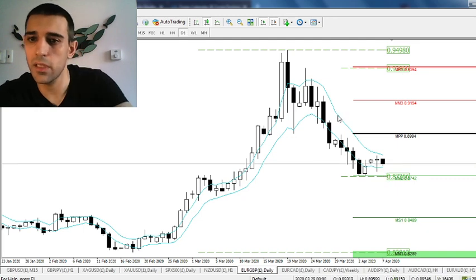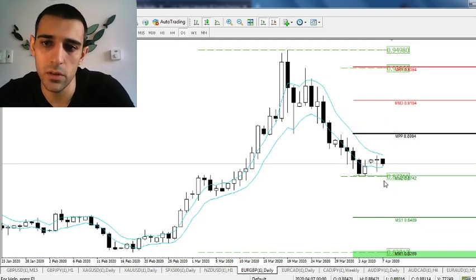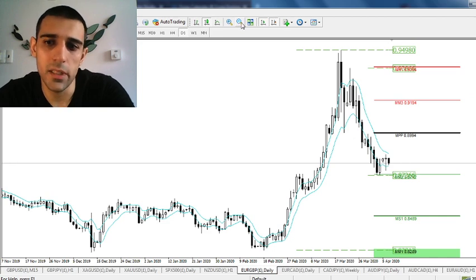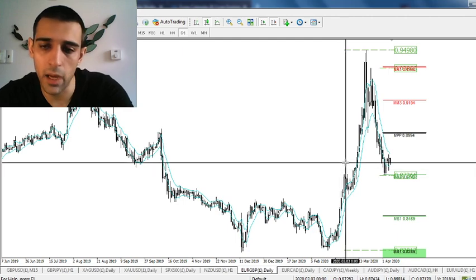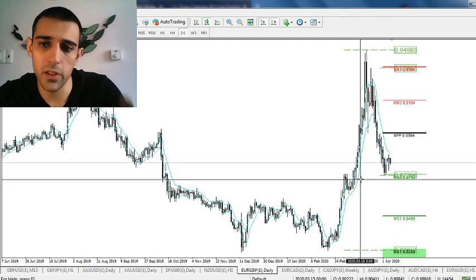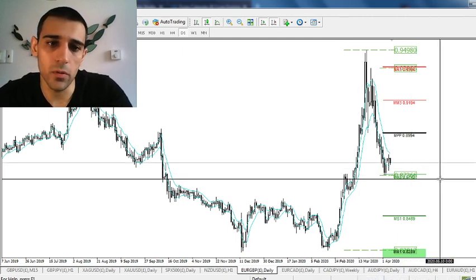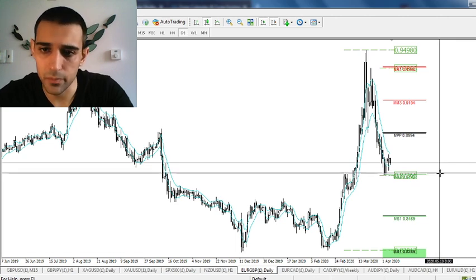The way it looks, it wants to continue to the downside. We had this doji candle yesterday, and now the price is coming down. For now it's still looking weak, it does not really show me much strength. So I'm expecting this one to have a follow through towards the downside.